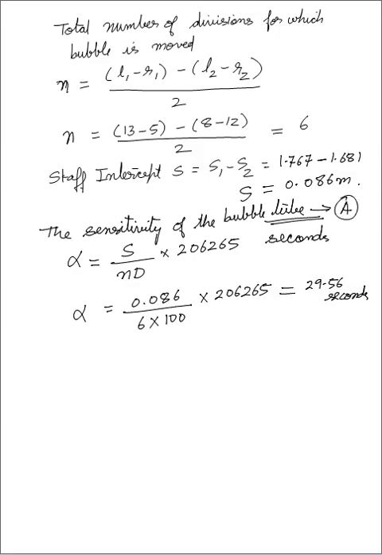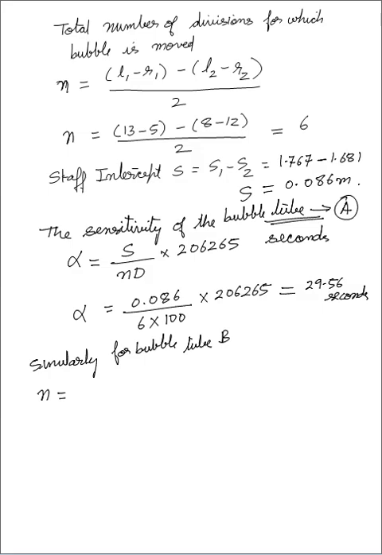In the same way, we have to do the procedure for bubble tube B. I hope you can do it yourself. Similarly for bubble tube B, you just have to put the values. First you have to find the value of N. It will again be L1 minus R1 minus L2 minus R2, by 2.